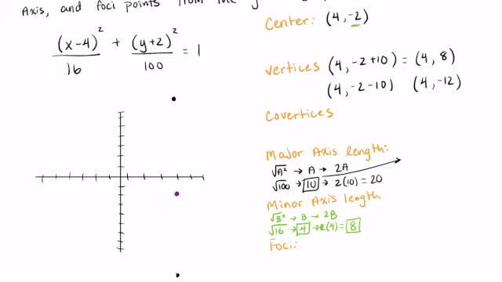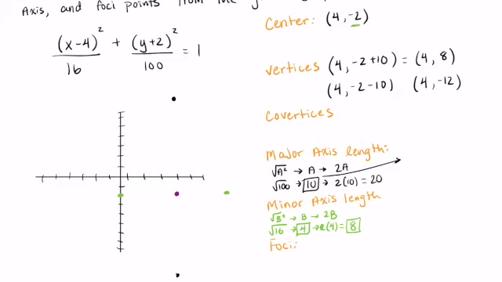But if I take the value of b and move that amount left and that amount right, I will get my co-vertices. So starting in my center, if I move 1, 2, 3, 4 to the right, and 1, 2, 3, 4 to the left, I now have my co-vertices.